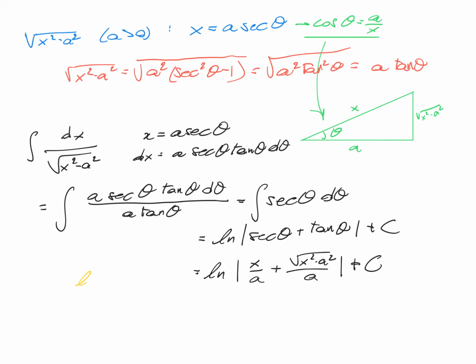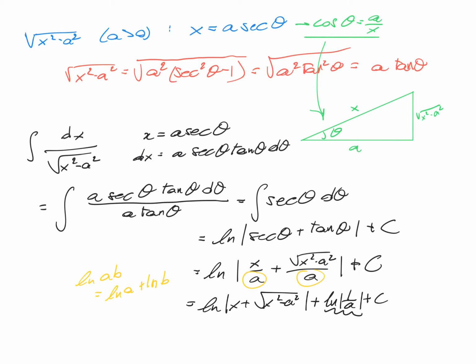We know that a logarithm of a product, so ln of a times b, is ln a plus ln b. And here we have a common factor of 1 over a. If we then take out the common factor, this is the logarithm of x plus the root of x squared minus a squared, plus the logarithm of 1 divided by a, plus a constant.